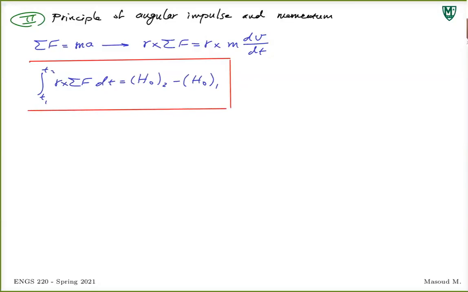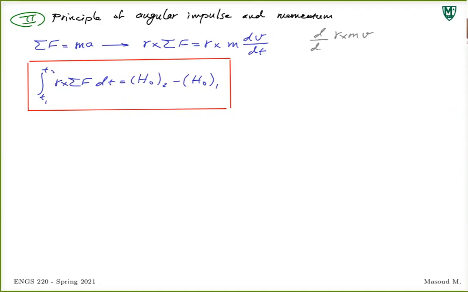Now, how did we go from the one at the top to this relationship? Well, here is the trick. Let's just focus on the right side and write this as R cross mV.